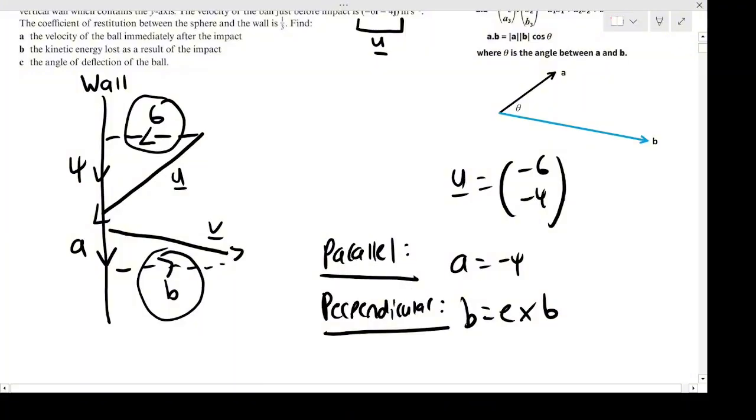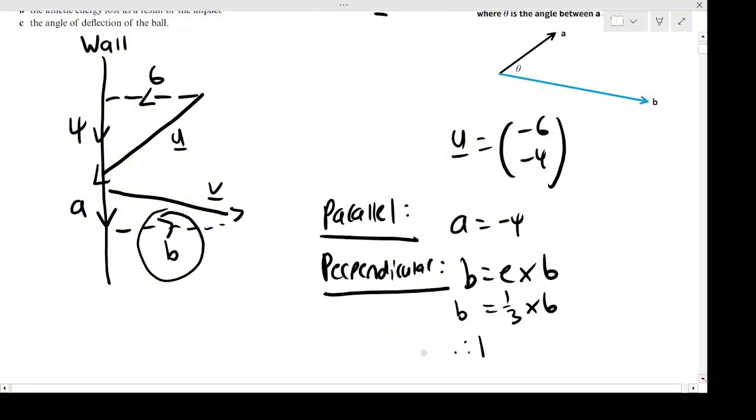It's going in the positive direction. So b is positive, so it's going to be a third lots of 6. That will get me b to be 2. Hopefully happy with that. This is why it's really helpful to draw a diagram, because it helps you to see what parts are negative and positive, whether they're going in the negative direction or the positive direction.